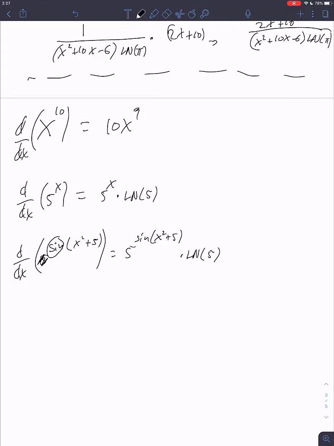That's the first part. Now that the 5 to the part is dealt with, we say, what's the derivative of the next function? The next function is sine. Its derivative is cosine of whatever's inside it, as is. The 5 is dealt with, the sine is dealt with. Now what is the derivative of x squared plus 5? That would be 2x. And that is our derivative. So this part is the exponential, this is the sine, and that's the polynomial inside the sine.